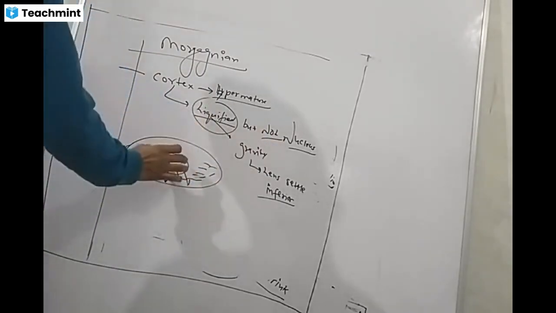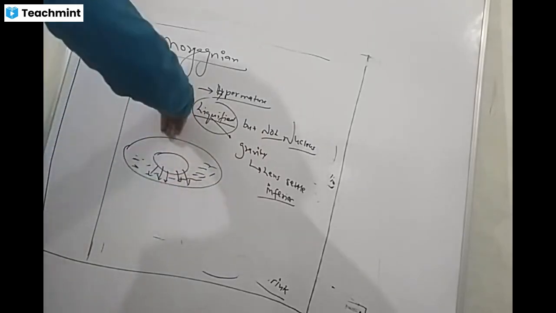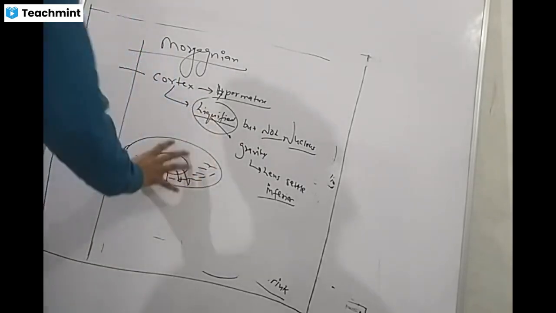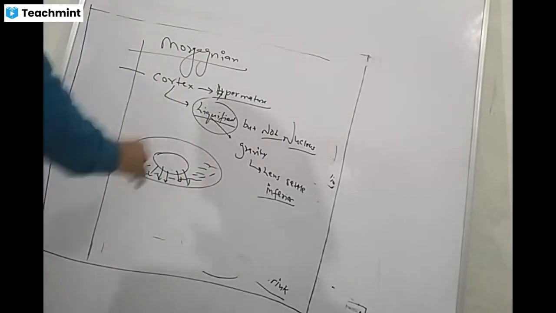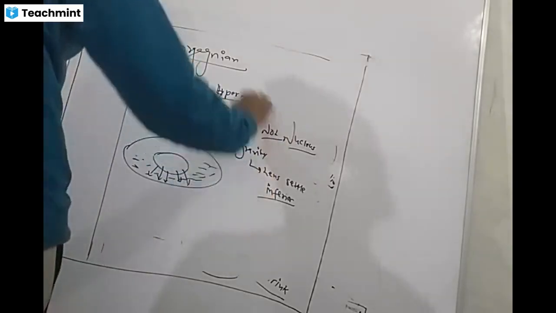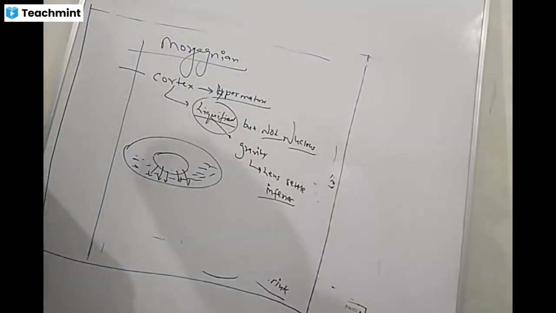Because of gravity, the nucleus is intact, it floats and then settles down inferiorly. So the characteristic feature of Morgagnian cataract is the cortex becomes liquefied and the lens settles down, sinking inferiorly.